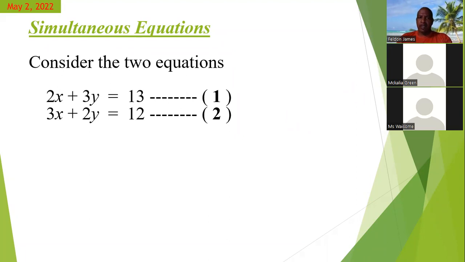Now, if you should try to solve one of these equations, for instance, if you try to solve equation 1, what would happen? Sir, it all depends on what we need to be the subject.